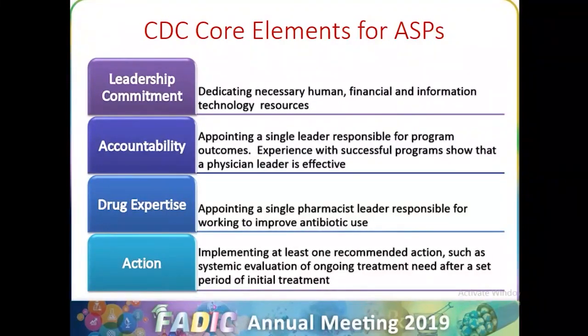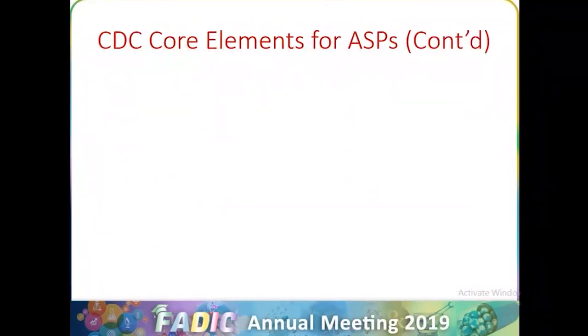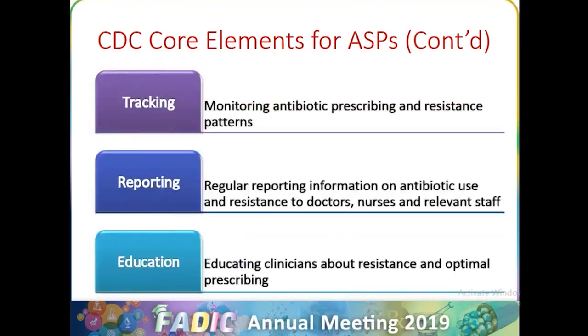Now, after we implement the interventions and the antimicrobial stewardship strategies, it would be the time to ensure that these strategies are actually meeting the objective of antimicrobial stewardship. To do so, we go to element number 5, which is tracking, where we would be monitoring antibiotic prescribing and resistance patterns in the hospital and see where the hospital is headed.